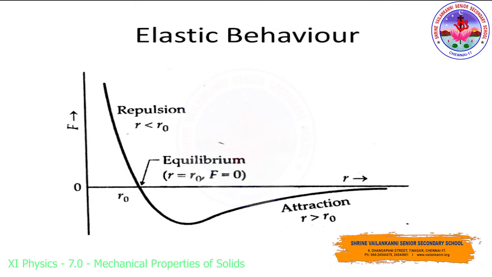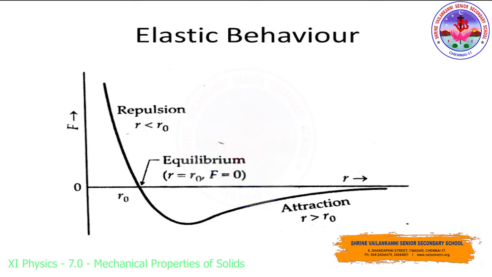So what is the elastic behavior? Before we learn about some terms, you must know about the elastic behavior in terms of interatomic forces. See the graph. The atoms in a solid are held together by interatomic forces, right?